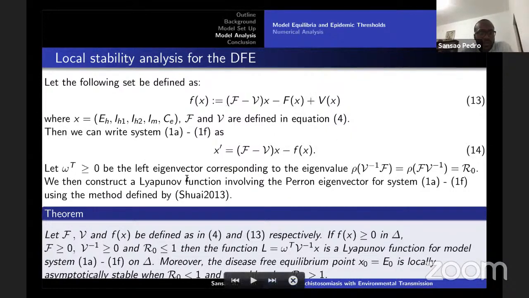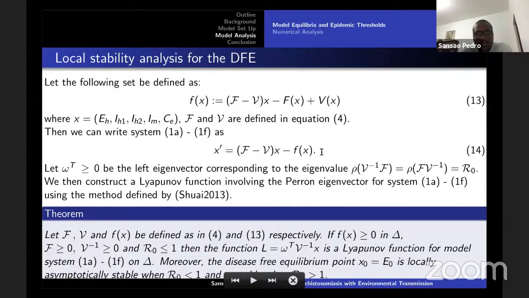Now we apply an approach well discussed by Shuai and van den Driessche in their paper published in 2013, which provides us a way of proving stability of an equilibrium point, in particular the disease-free equilibrium, using a Lyapunov function.